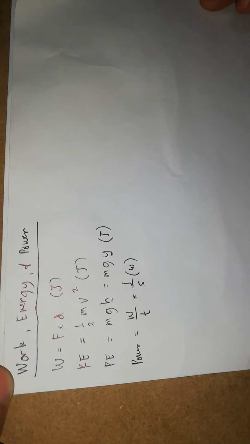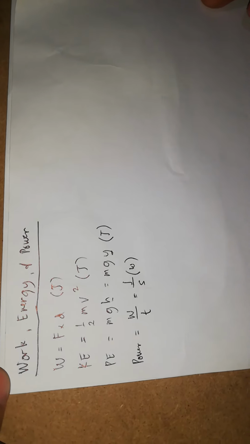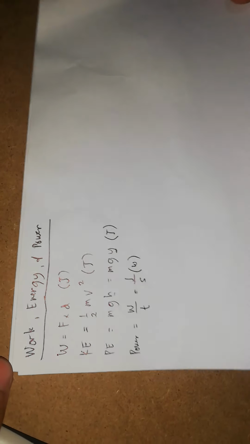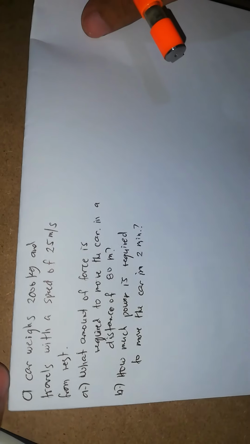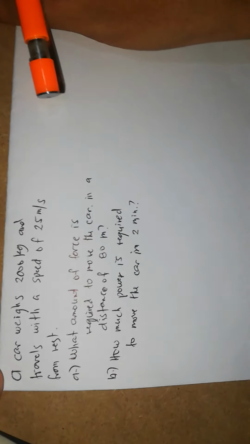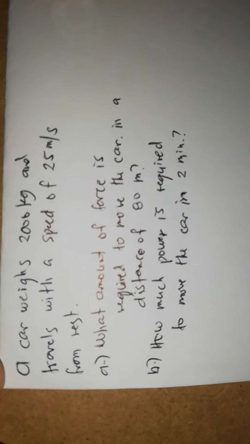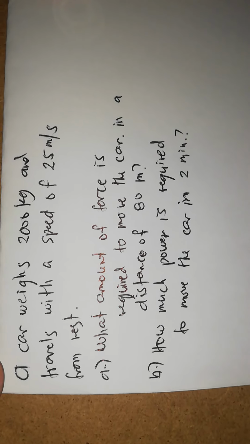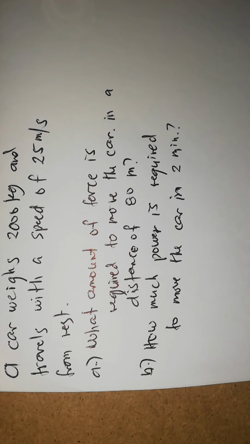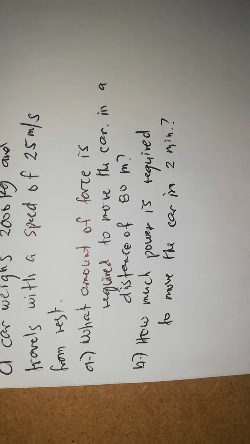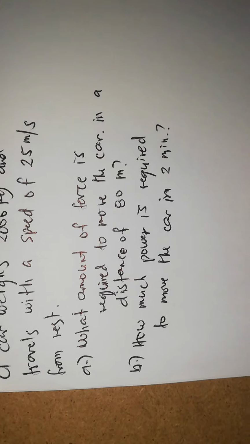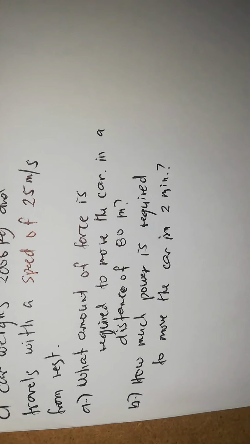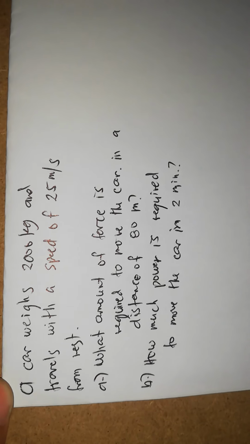Okay? So, to demonstrate how to use these formulas, we have this example. A car weighs 2,000 kilograms and travels with a speed of 25 meters per second from rest. So for letter A, what amount of force is required to move the car in a distance of 80 meters?